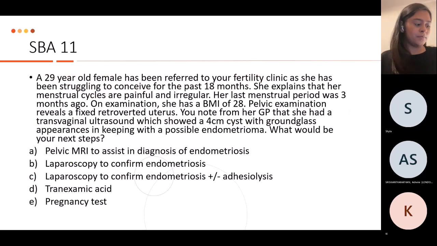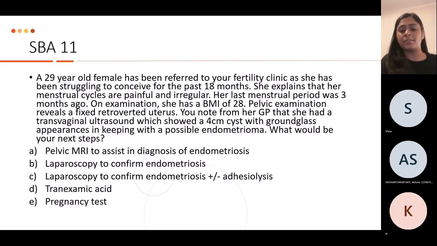Next one. We've got 15 SBA, so we're nearing the end, promise. So 29-year-old female, also referred to fertility clinic. She's been struggling to conceive for the past 18 months. She also explains to you that her cycles are painful and irregular. Her last period was 3 months ago.